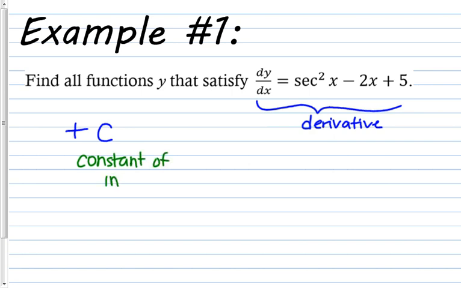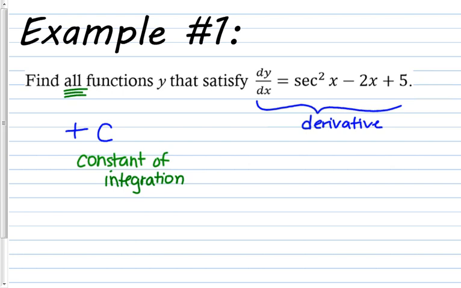So diffie-Qs kind of work with the constant of integration because I'm asking you to find any function that could be derived to get secant squared x minus 2x plus 5. So that should tell you that your answer should have a plus c in it. In order to find the original equation, I'm basically going to antiderive, and antideriving is just integrating.